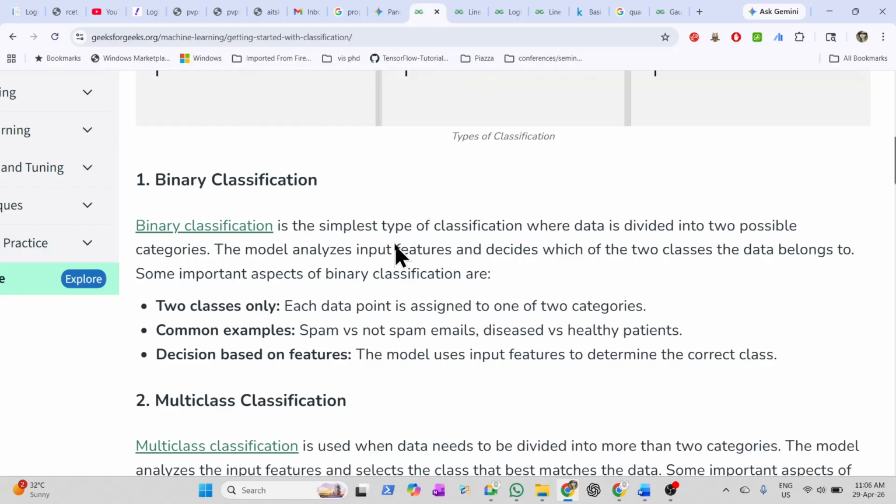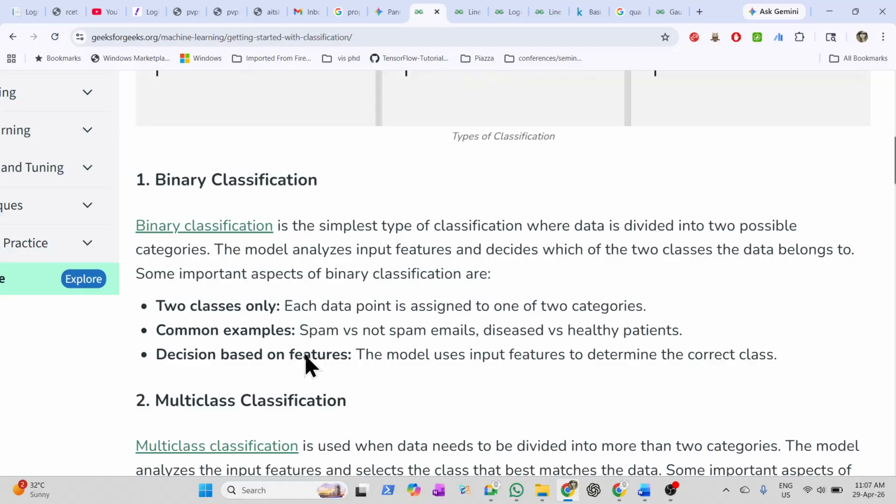The model analyzes input features and decides which of the two classes the data belongs to. Here some important aspects of binary classification are: two classes only. It will not have more than two classes. Again, common examples are here.